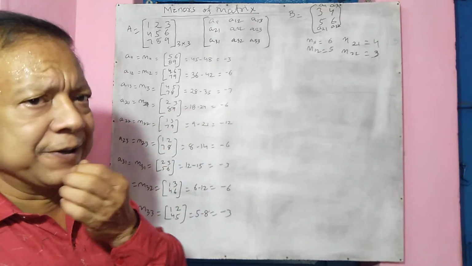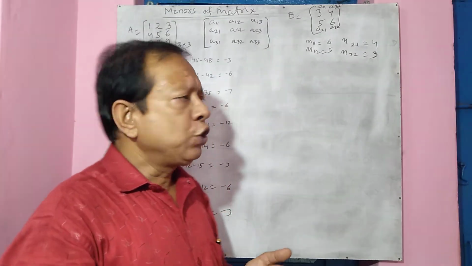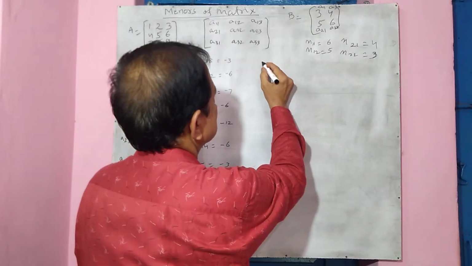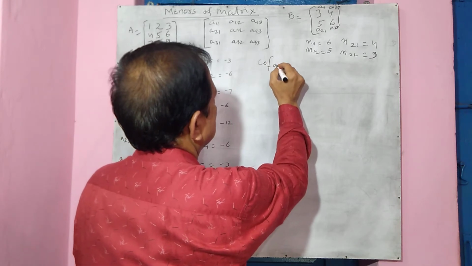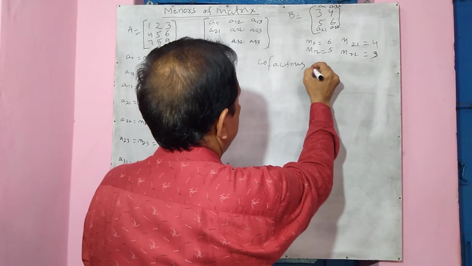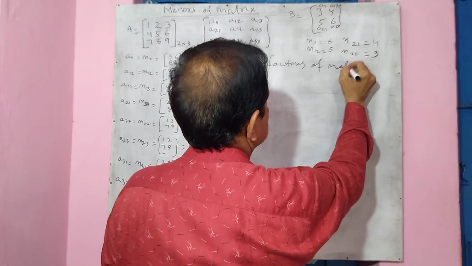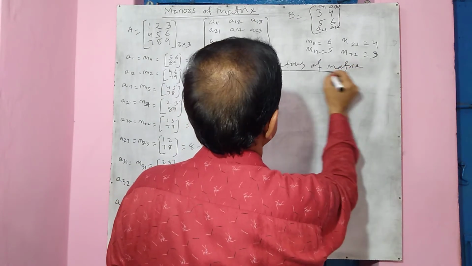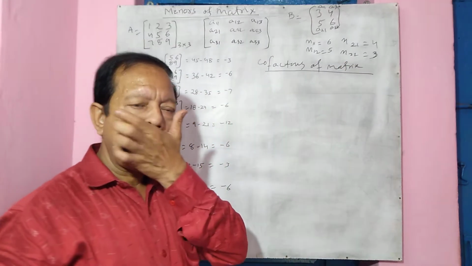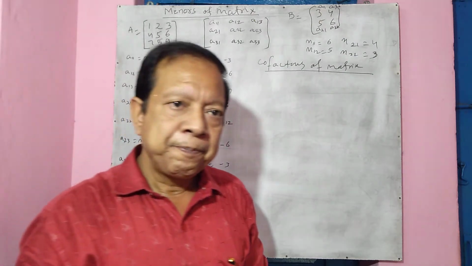Now after minor, we come to the cofactors. Cofactors of matrix. Okay?